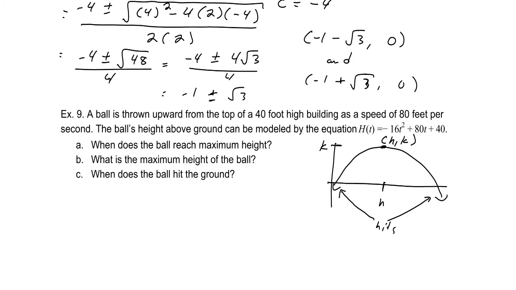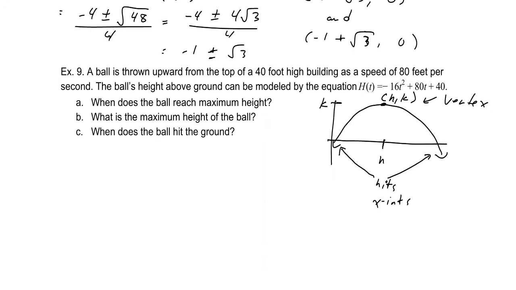That is going to be at the points that are our x-intercepts. All right, our x-intercepts is where it hits the ground, and we have our vertex. So our vertex actually answers the first two, and our x-intercepts answers the third one.